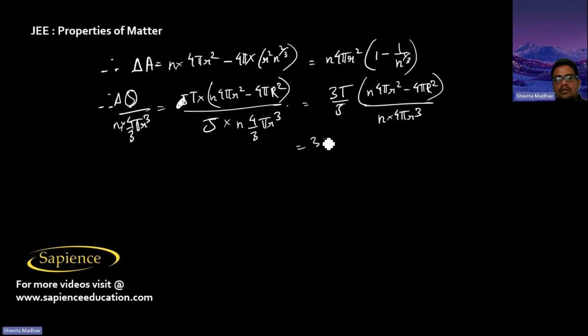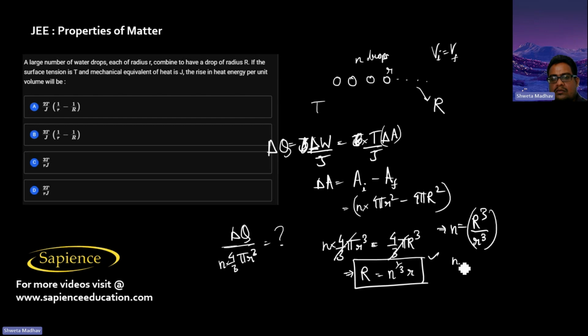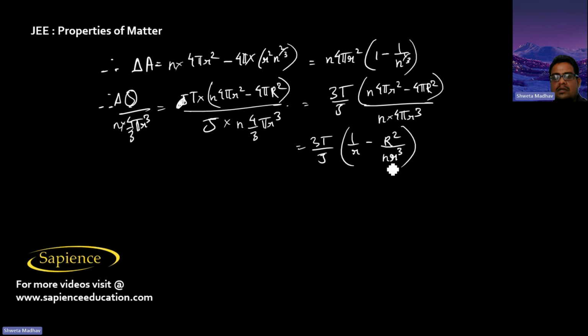So that will be 3T by J into 1 by r minus, the 4 pi will cancel, R square by N r cube. Now N r cube is equal to capital R cube. So this is 3T by J into 1 by r minus 1 by R. So this is the heat energy per unit volume.